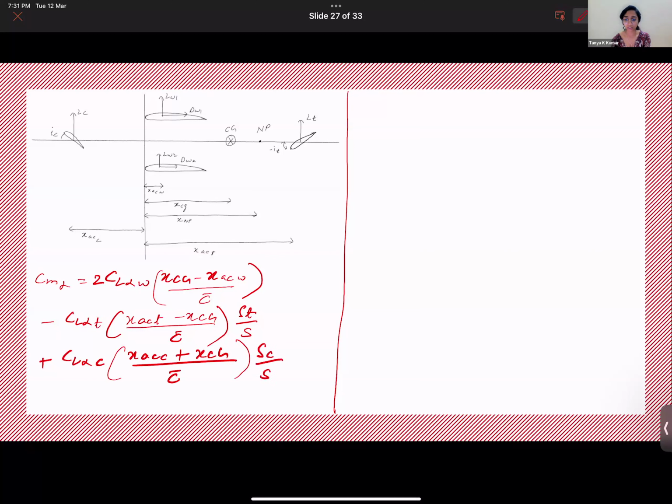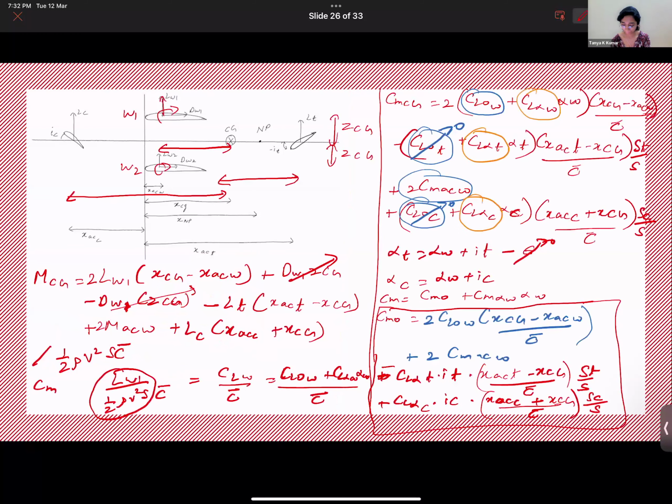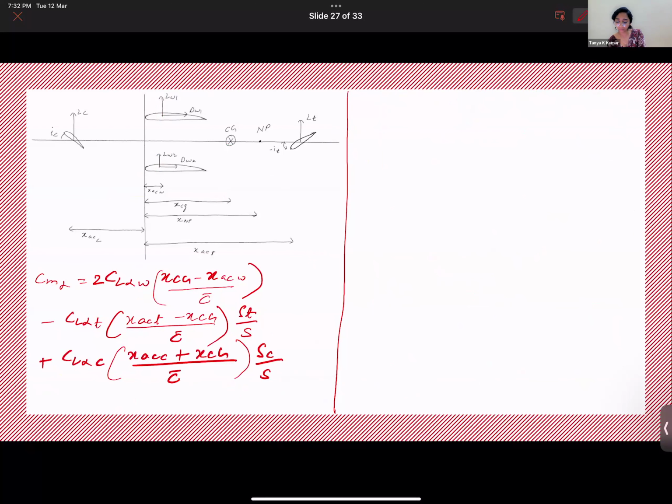Again, are we missing any terms? Is this correct? Just look at it.